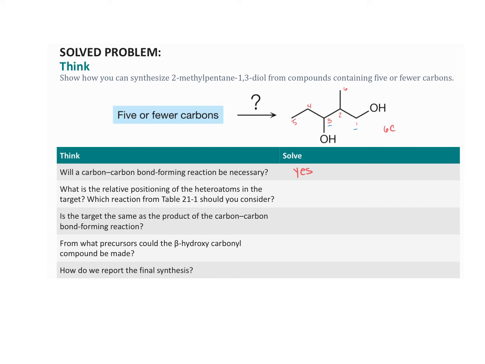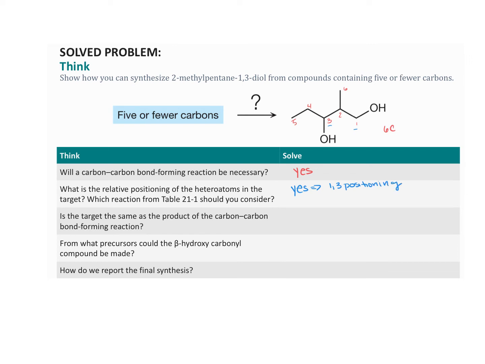They're on the first and the third carbon. Now understand, in this molecule they happen to be on the true first and third carbon, but if there were more carbons off of it, they're just relative to each other on the 1 and the 3. Okay, so yes, it's a 1,3 positioning.